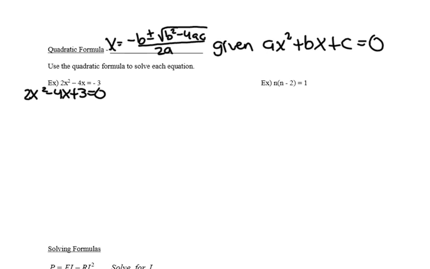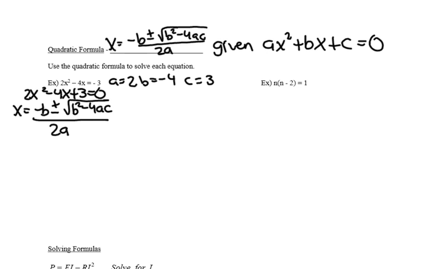Okay. Now, a is 2, b is negative 4, and c is 3. All right, so now the quadratic formula. x is equal to the opposite of b plus or minus the square root of b squared minus 4ac divided by 2a.